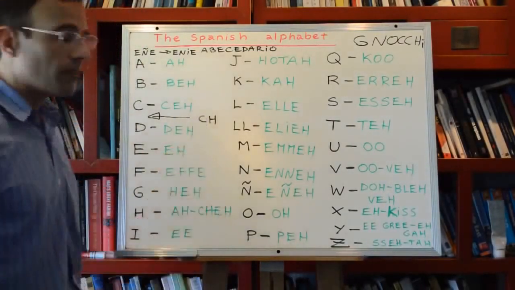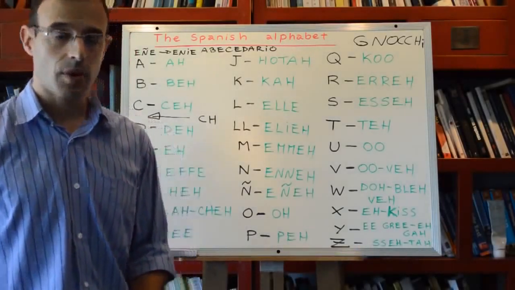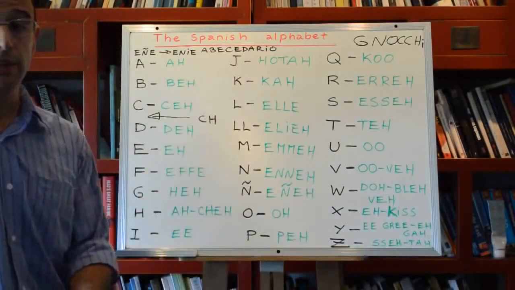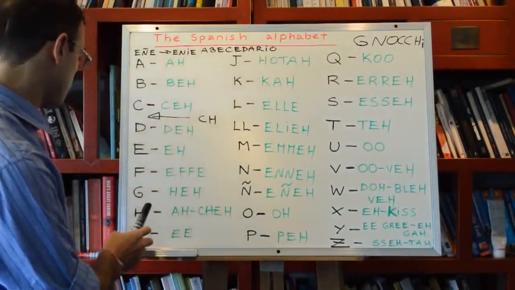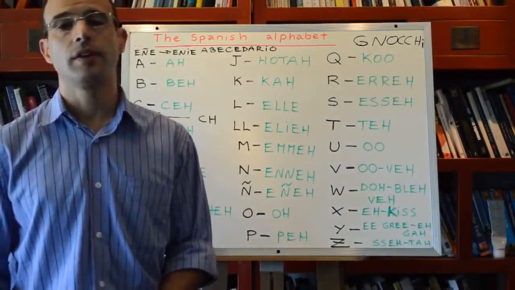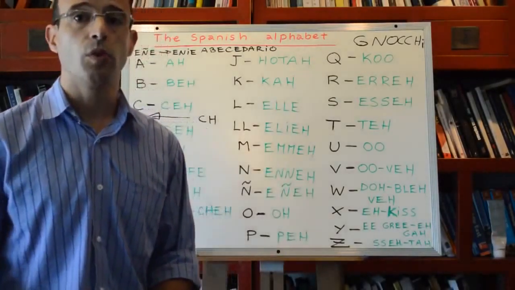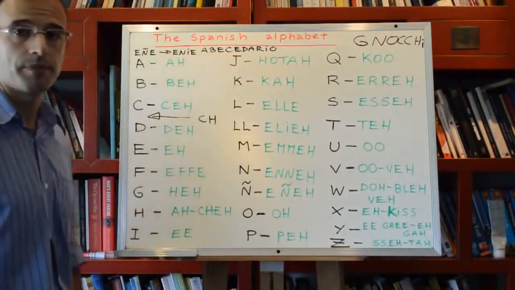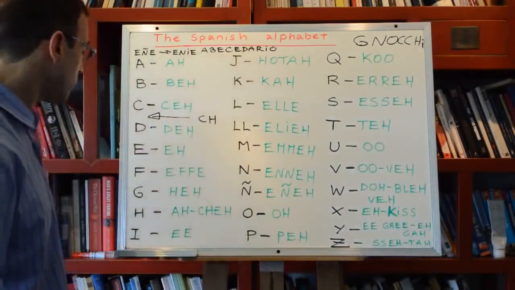But CH as a letter was pronounced "che", because CH has a unique and independent sound different from C and H. Therefore, for a long time, the Real Academia Española, the institute that officially determines what is Spanish and what is not, had decided that the letter "che" would be part of our alphabet after the letter C.